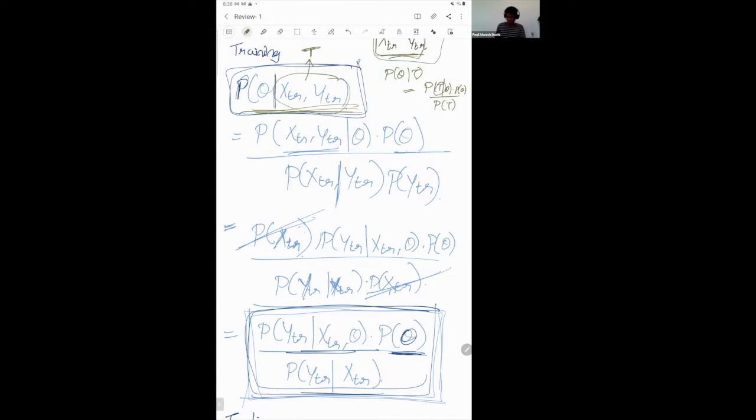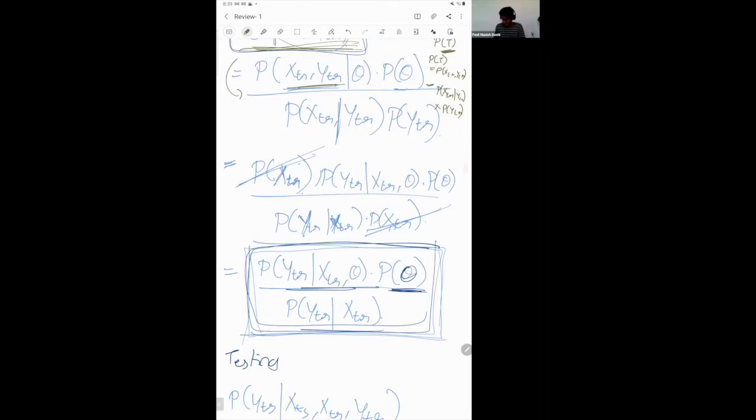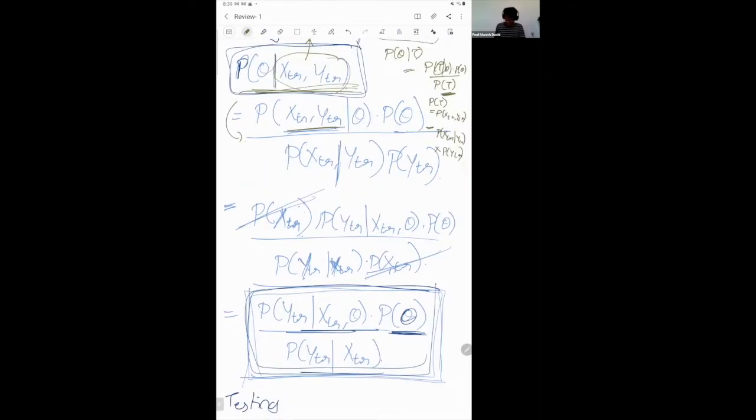This t is just X train, Y train, and this p of t, I'm breaking it down. It is the probability of X train, Y train, and then I'm again breaking it down: probability of X train given Y train times probability of Y train. I hope this step is clear. I wanted to break this down as probability of Y train given X train, and you can see that both of these are equal, right?